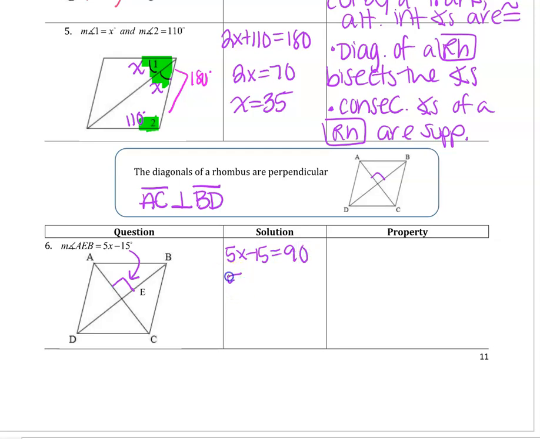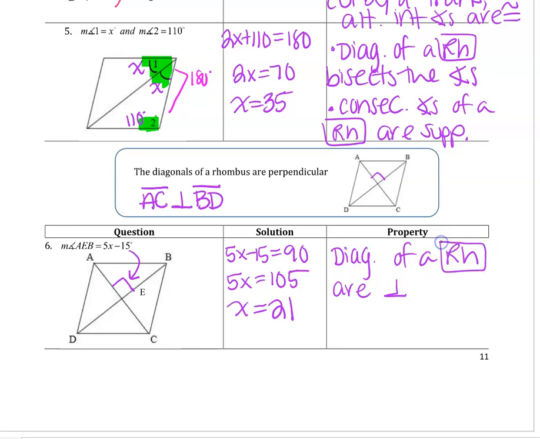So add the 15 over, divide by 5, and I would get x is equal to 21. And again, my justification is the diagonals of a rhombus are perpendicular.